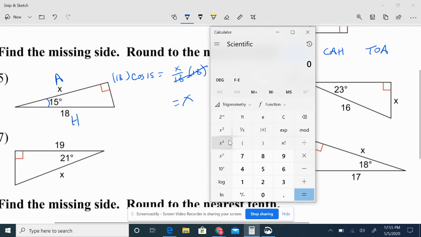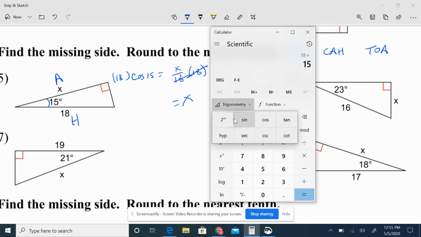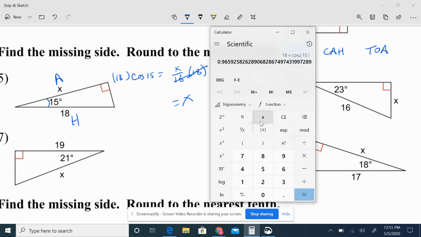So I'm just going to go 18 times, in my case, I had to type in 15 first. So notice I have 18 times cosine of 15. Now this number, ignore it for right now because that's cosine of 15. I want to know what's 18 times cosine of 15.